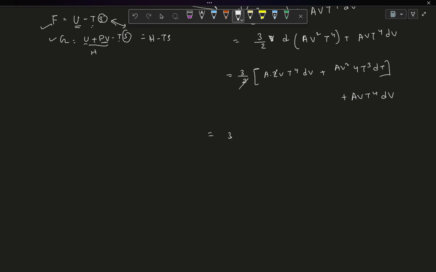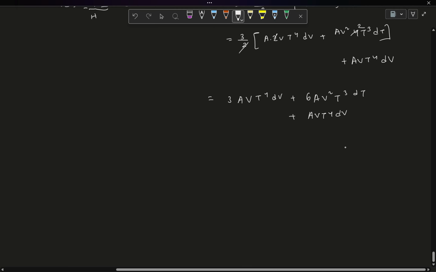So this is 3A V to the power of 4 dV plus, this 2 and this 4 makes it only 2, so this is 3 times 2 is 6, 6A V squared T cube dT, plus the last one is A V T to the power of 4 dV.